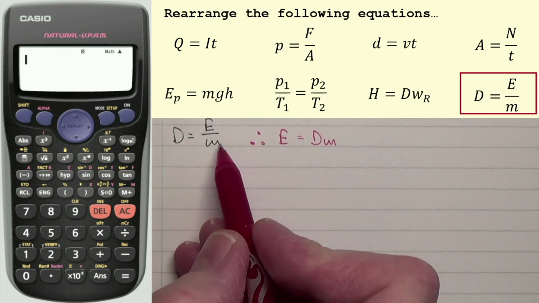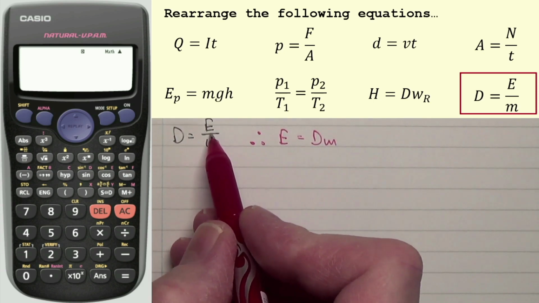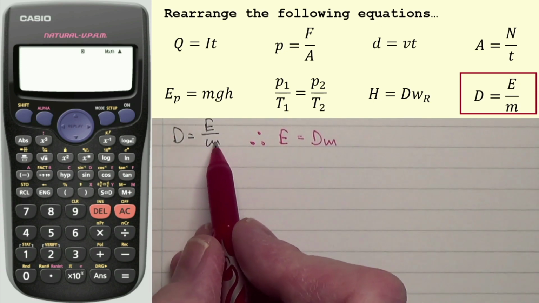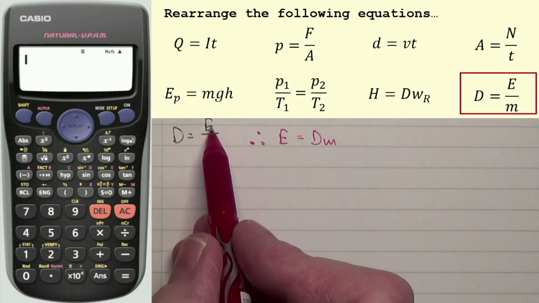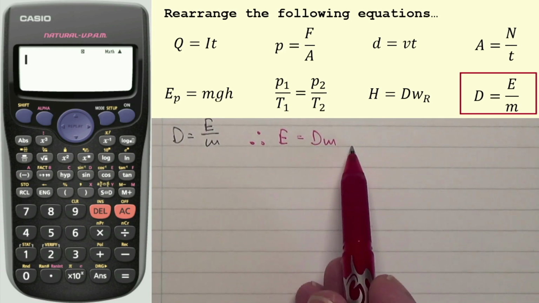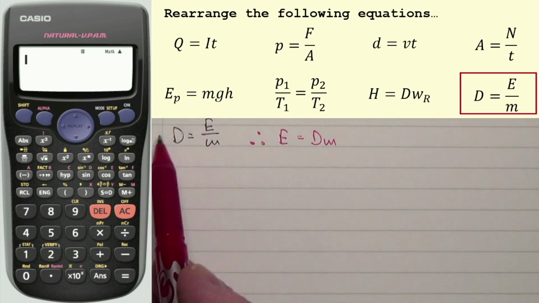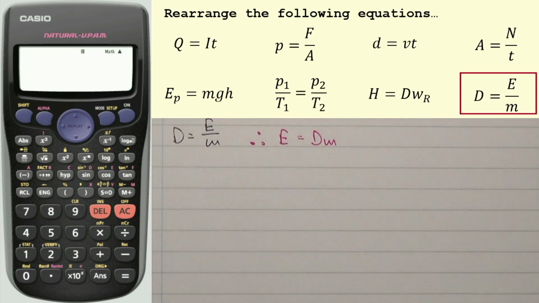To make M the subject, what I'll do is I'll again multiply both sides by M, but I'll actually keep the left hand side as the left hand side and the right hand side as the right hand side. I'll not switch it as I did before. I was switching sides here to make E the subject.